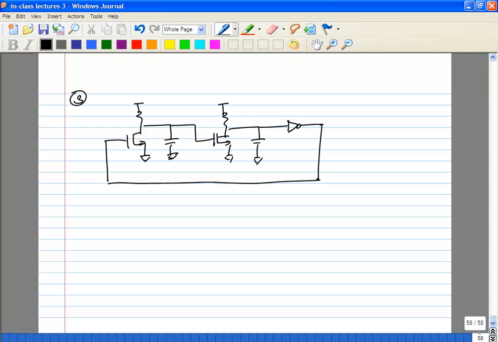Right, only at infinity will you get 360 degrees because the inverter is ideal.